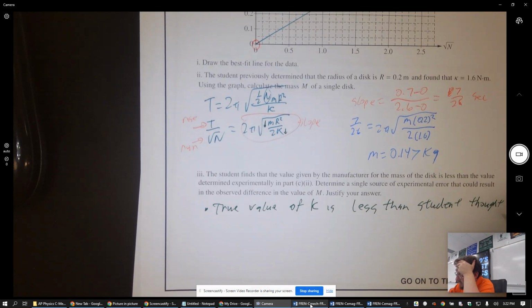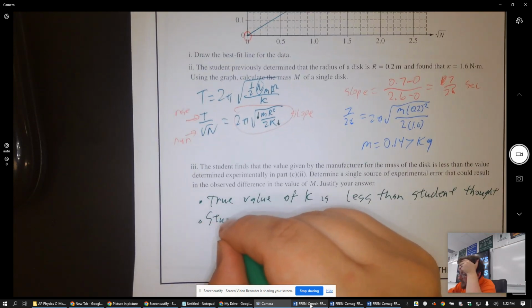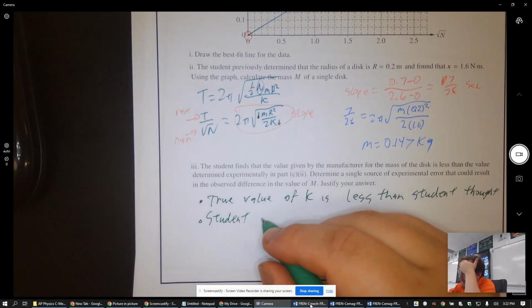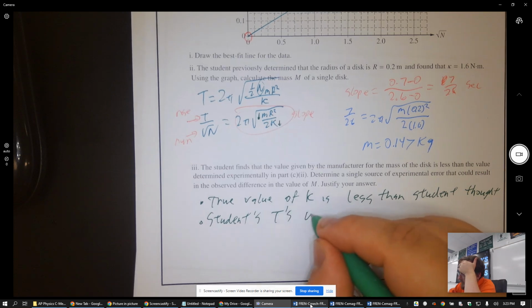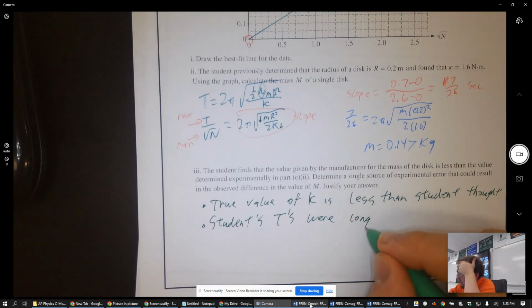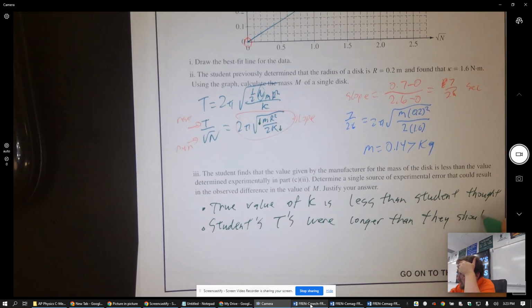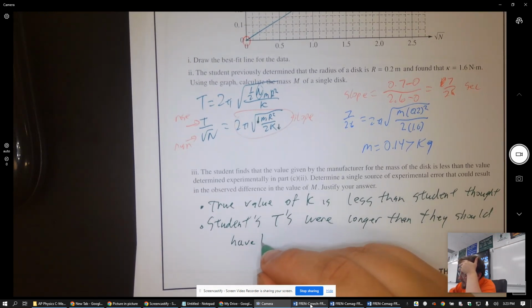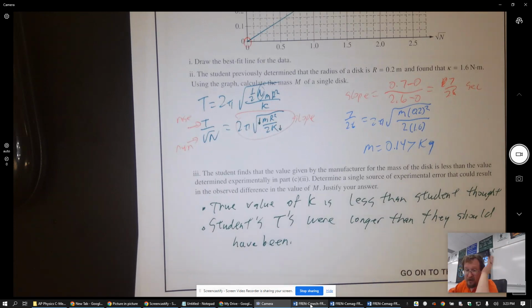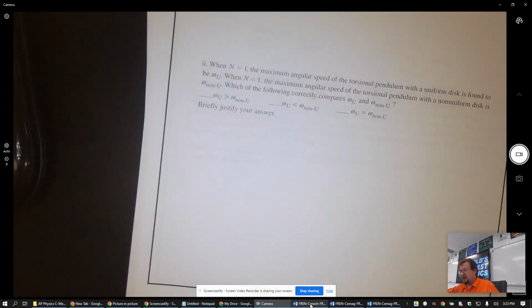Or it's possible that the student's periods were longer than they should have been, right? Maybe they're not very good at using the stopwatch or something like that. I'm not entirely sure what they want to hear there.